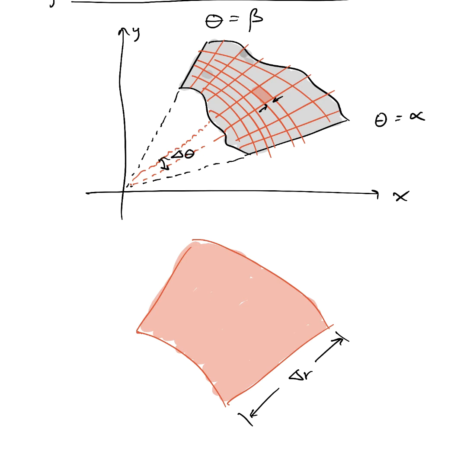On the blown up version, you can hardly see it. But these lines will eventually meet down at the origin, and so this is some sort of tiny change in theta, like this.